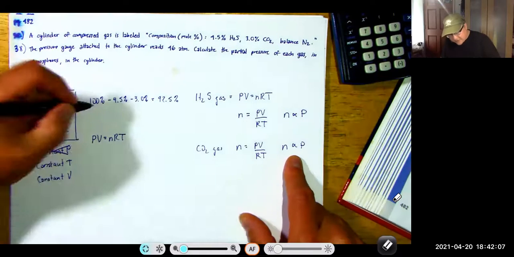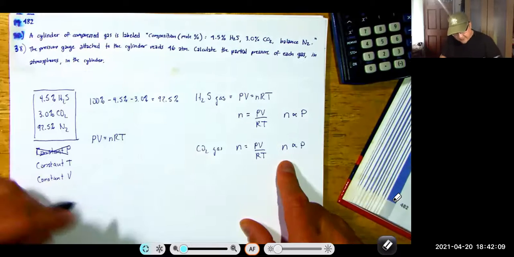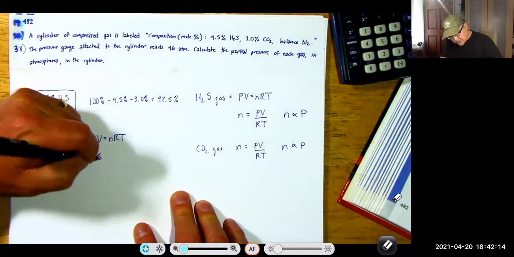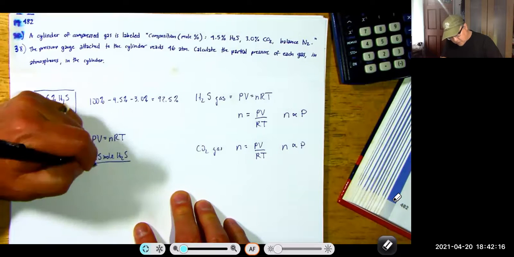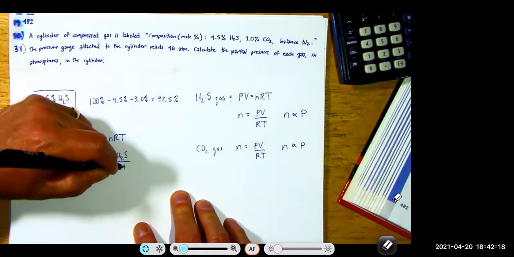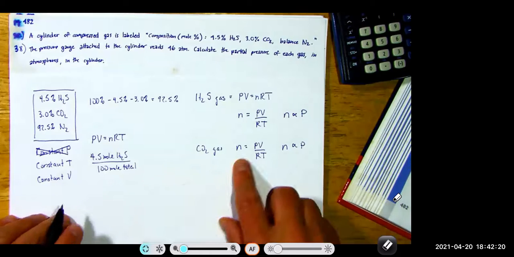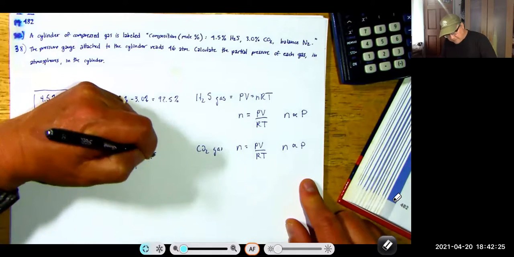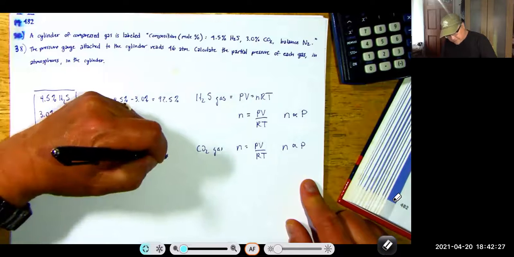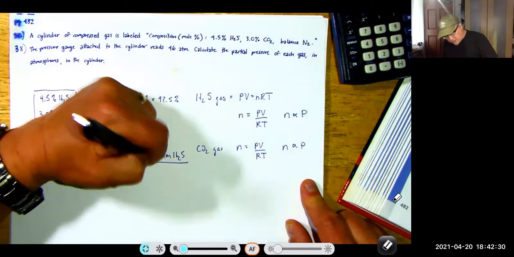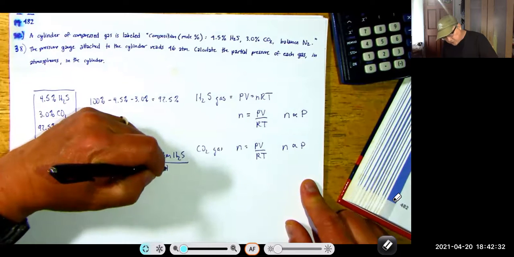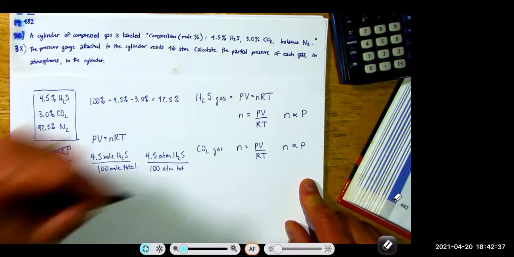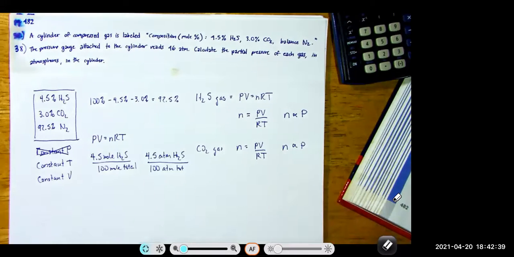So what that means here is when they give these percentages and they say 4.5%, that means 4.5 moles of H2S out of 100 moles total. But because moles and pressure are proportional, this can also mean 4.5 atmospheres of H2S over 100 atmospheres total, because moles are proportional to pressure.